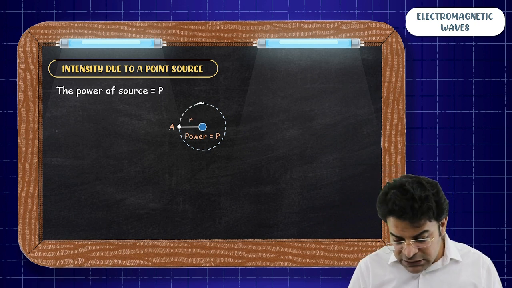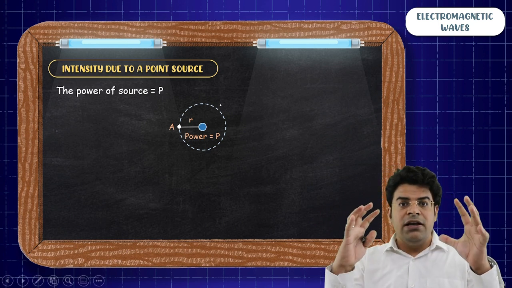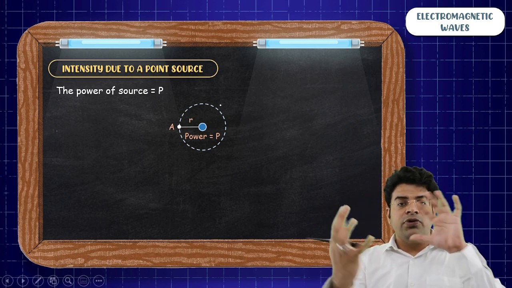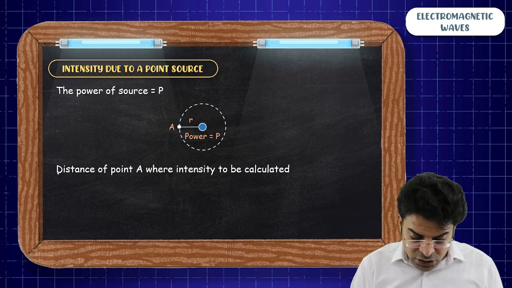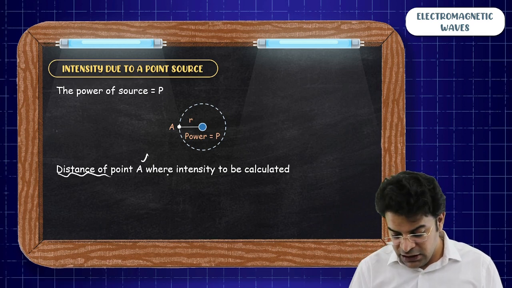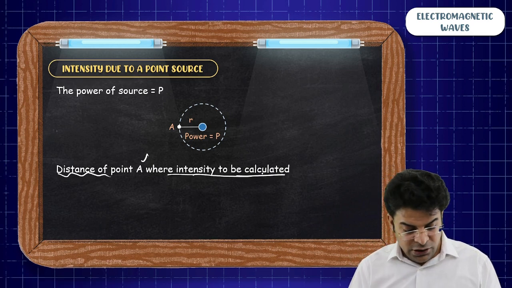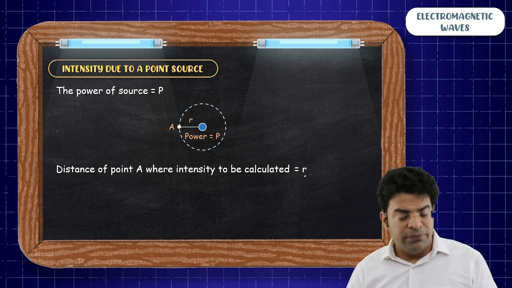So at a distance r from it, the energy given out by this point source will get distributed over a sphere of radius r. We know that, bachcho, distance of point A where we need to find the intensity is, let's say, r. So distance of A where intensity is to be calculated is r.